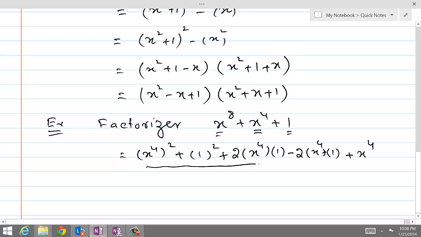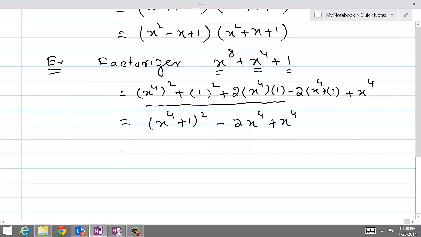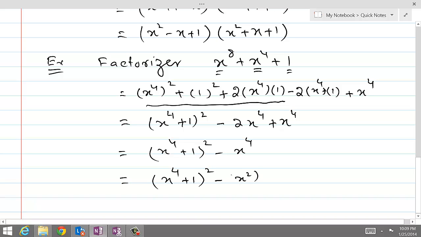Now up to this third term, this is a² + b² + 2ab, which is equal to (a + b)². So this would be (x⁴ + 1)² minus 2x⁴ plus x⁴, and this is equal to (x⁴ + 1)² − x⁴, which can be written as (x⁴ + 1)² − (x²)².